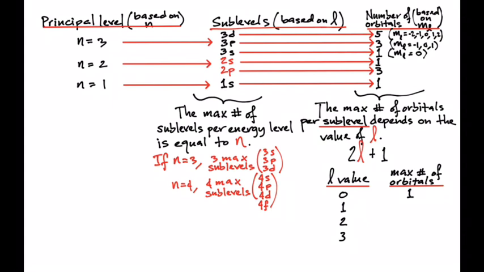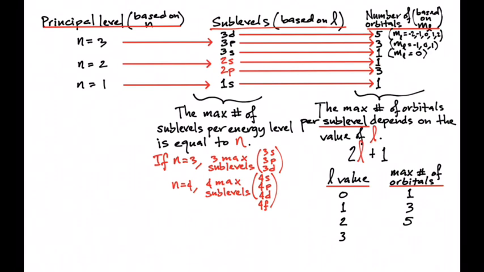For L equals 1, using this equation, 2 times 1 is 2, plus 1 is 3. So that means that for L equals 1, a p sublevel can contain a maximum of 3 orbitals. L equals 2, which is the d sublevel, can occupy a total of 5 different orbitals.